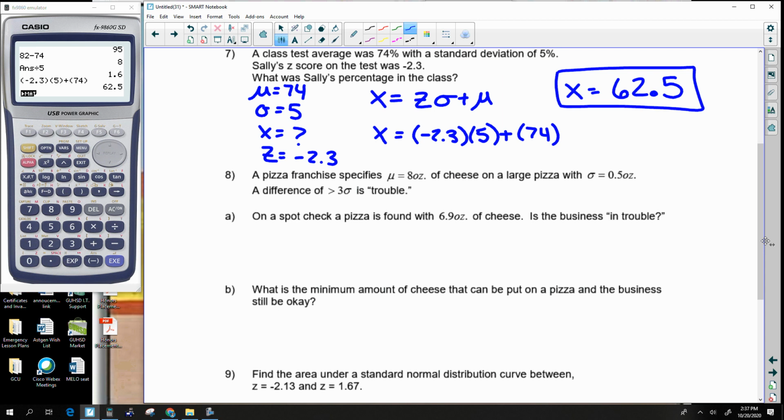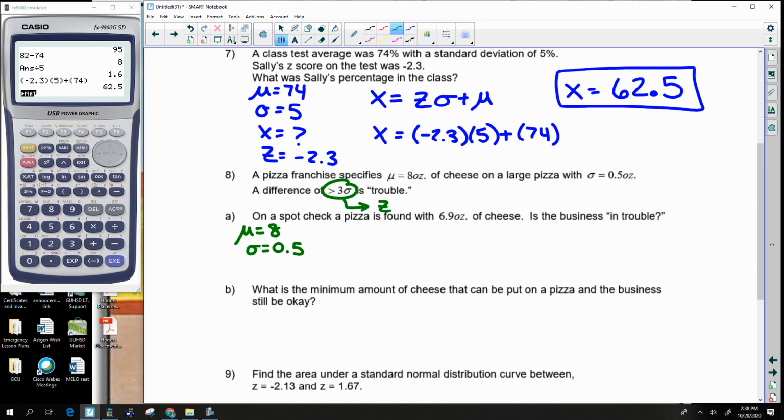Okay. Here we are dealing with a combination problem. This kind of deals with, are they fired or okay? So they give the stipulation. It says a pizza franchise specifies to have an average of 8 ounces of cheese per pizza with a standard deviation of 0.5 ounces. A difference of more than 3 standard deviations means they're in trouble.